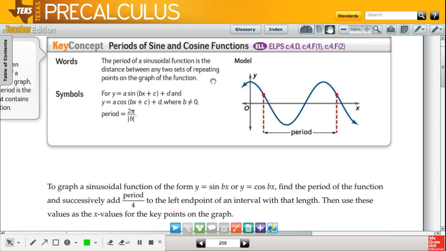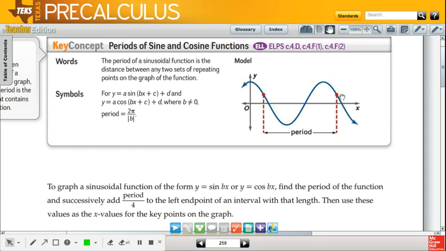So let's go over to the picture on the right. The period is where you see the starting point and the end point where, as you can see, they're level, meaning that they're at the same y value or at the same horizontal level. So if you see that one graph is repeating, then there's a period.